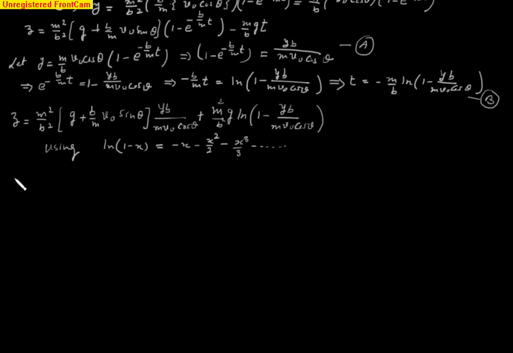Using this factor in this equation, we can write again z is equal to m square over b square, then g plus b over m v naught sin theta into y b over m v naught, not sin theta, it is also cos theta.